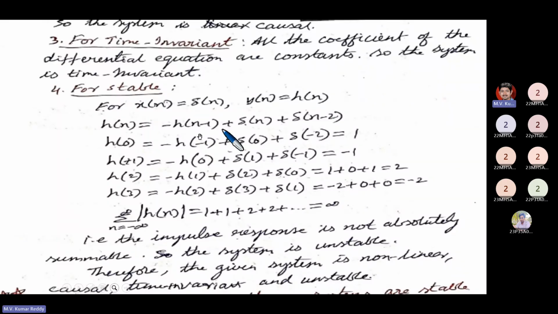Now according to the equation, in place of y of n you place h of n, and in place of y of n minus 1, h of n minus 1. In place of x of n, put delta of n. Plus x of n minus 2 means delta of n minus 2.